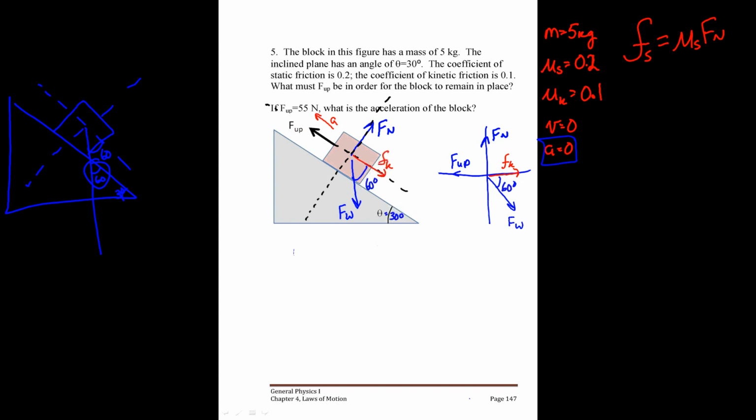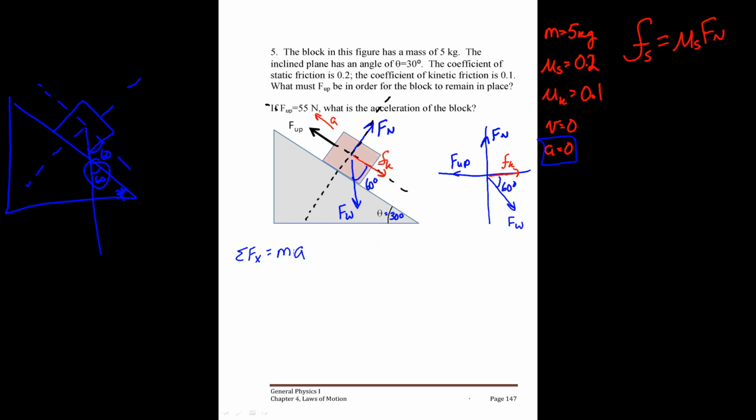And then I'm just going to write out the sum of the forces in the x and y directions instead of writing out the new resolved vector diagram. All right, so the sum of the forces in the x direction equals mass times acceleration. And now my acceleration isn't 0, so it makes the problem a bit more difficult.